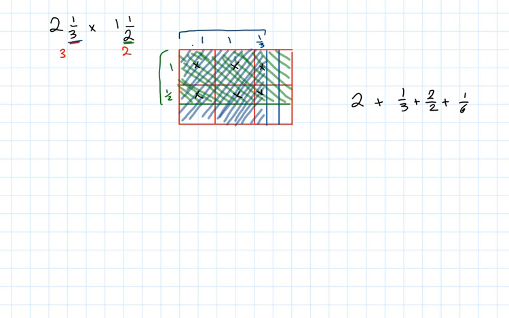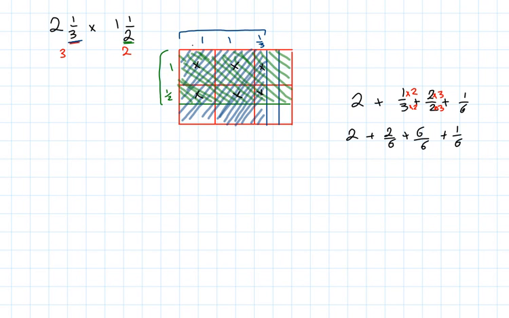So that would mean the 2 has to turn into a 6 by multiplying by 3. And you do the same thing to the top, and the 3 turns into 6 by multiplying by 2. So you end up with 2 plus 2 over 6 plus 6 over 6 plus 1 over 6.